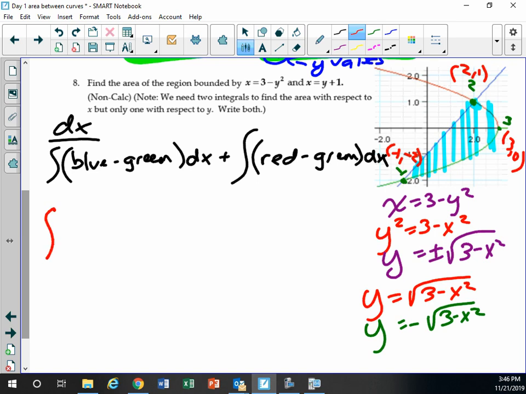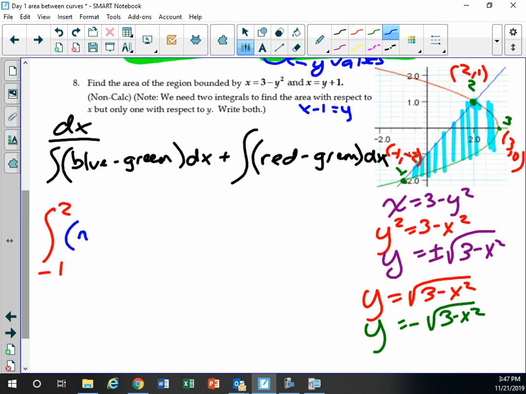So if we're talking about the integration, we're starting at the x value of -1, and then I'm going to the x value of 2, and it is blue. My blue is x minus 1 equals y.